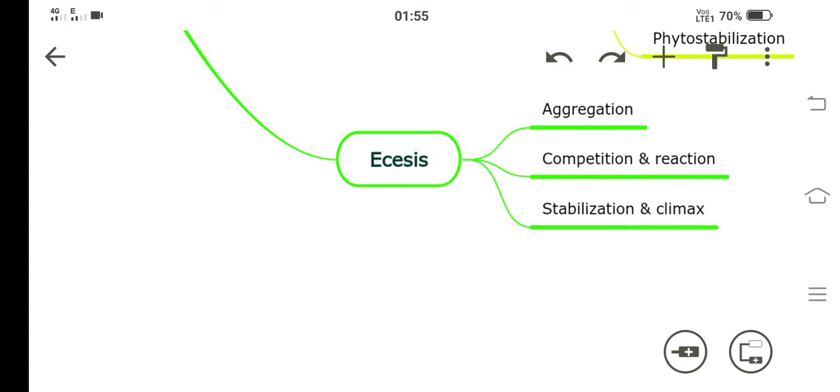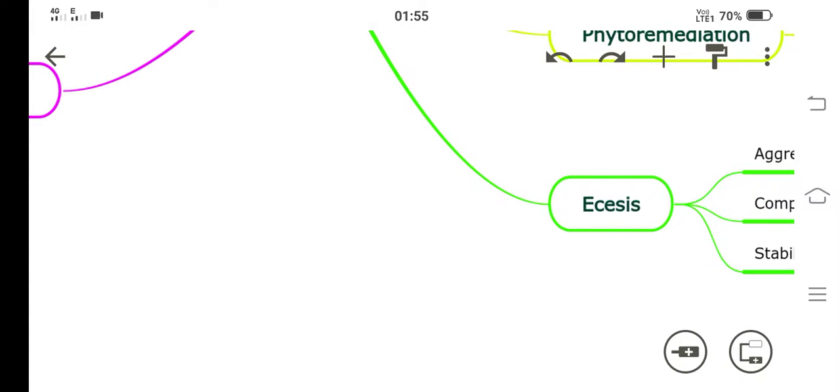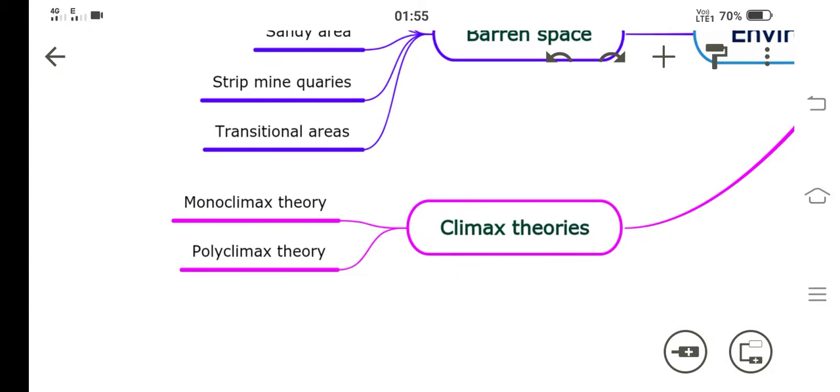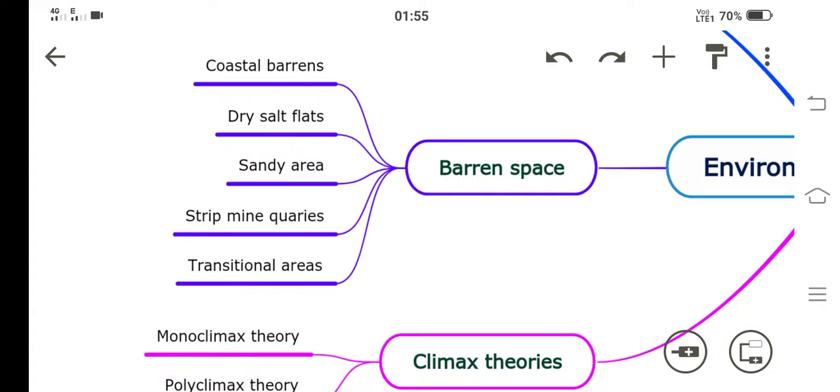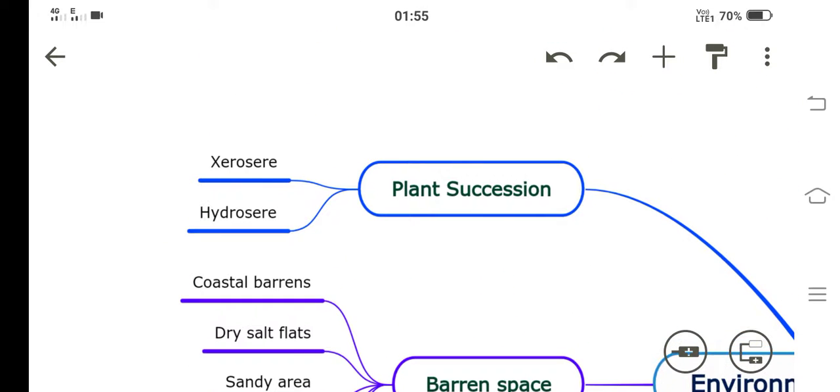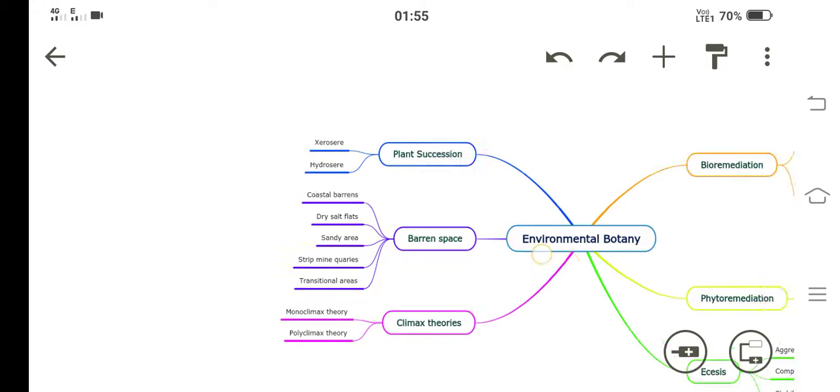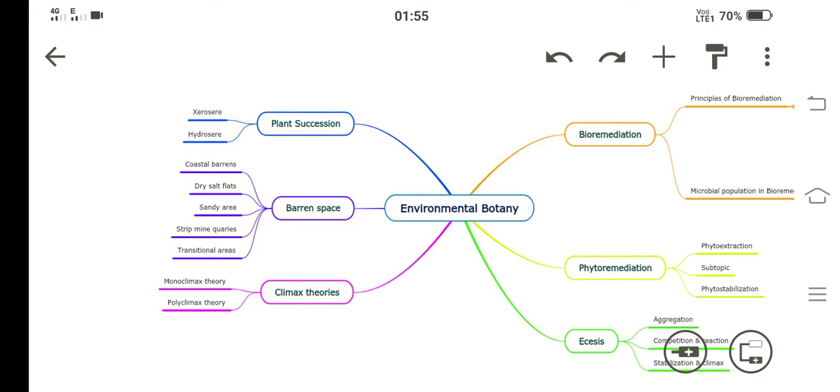Under ecesis, we studied aggregation, competition, reaction, stabilization, and climax. Under climax theories, we studied monoclimax theory and polyclimax theory. Under barren space, we studied coastal barrens, dry salt flats, sandy area, strip mine quarries, and transitional areas. And in the last topic, under plant succession, we studied xerosere and hydrosere. So this is all about the review of our unit environmental botany.